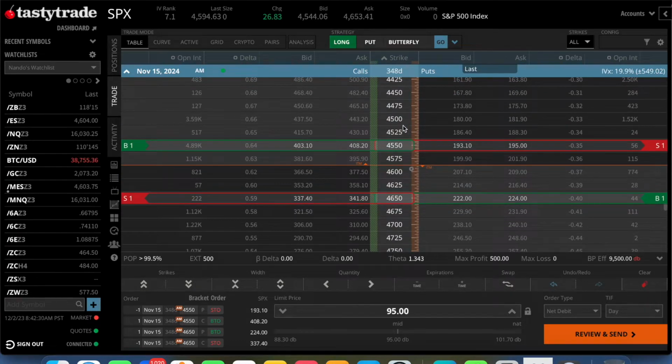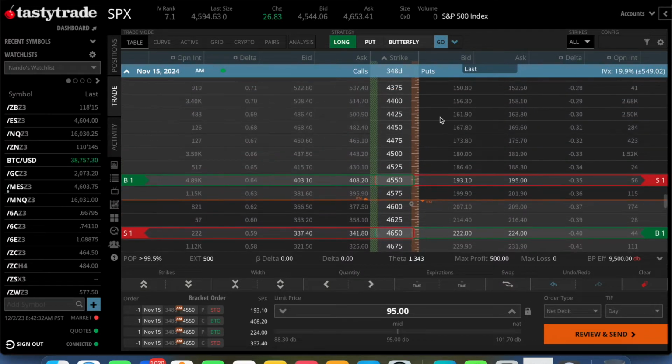Let's say that the price of SPX 348 days from now closes at 4,400. So the day that these options expire, it closes at 4,400. Now, the calls will go out worthless, so you don't make any money there. However, the puts will go out at max value.